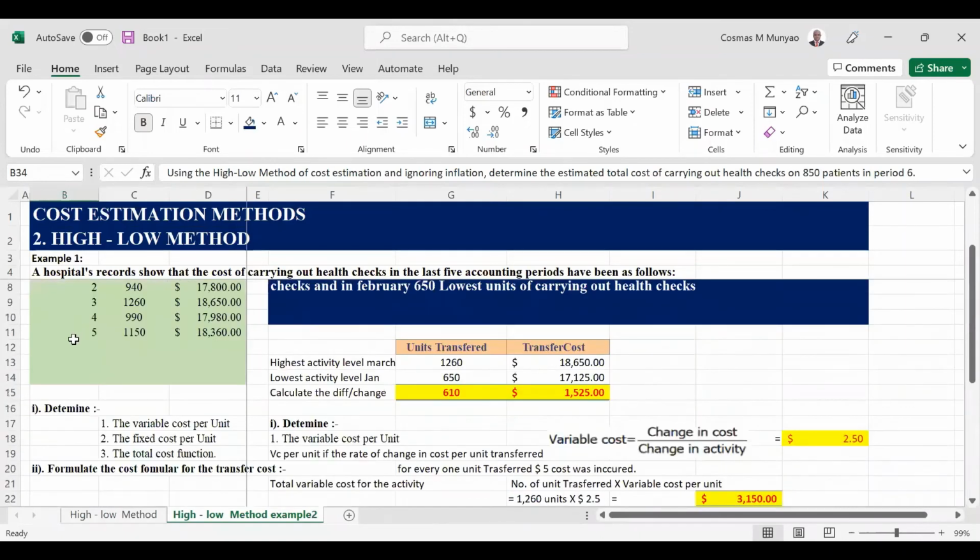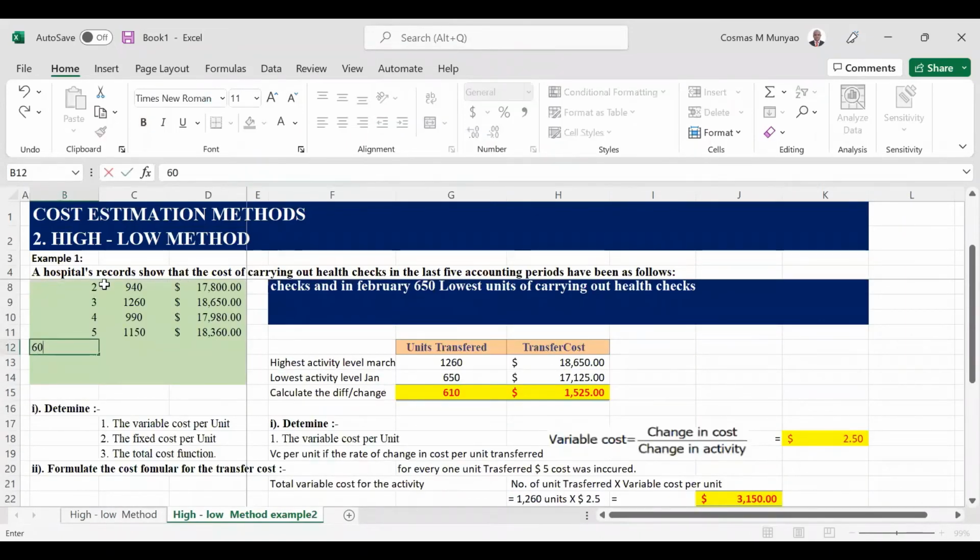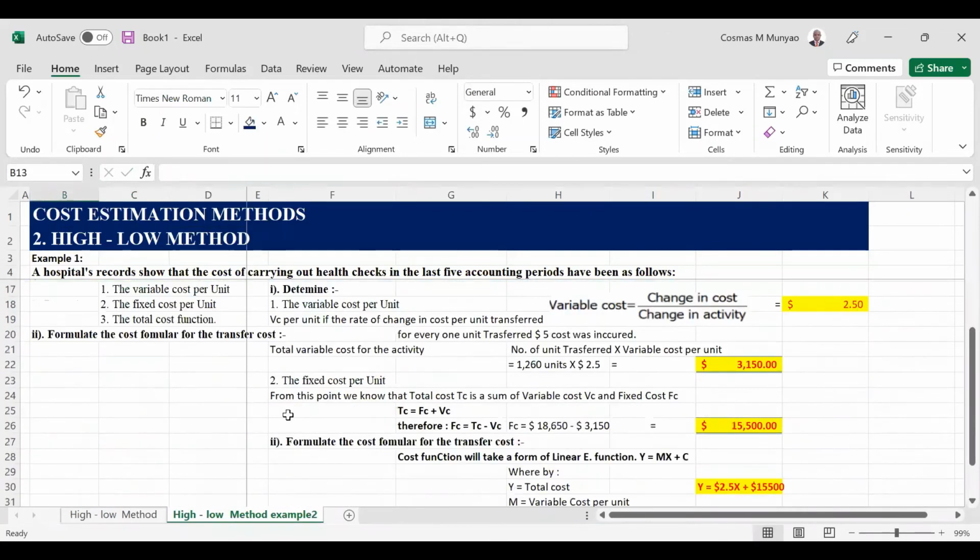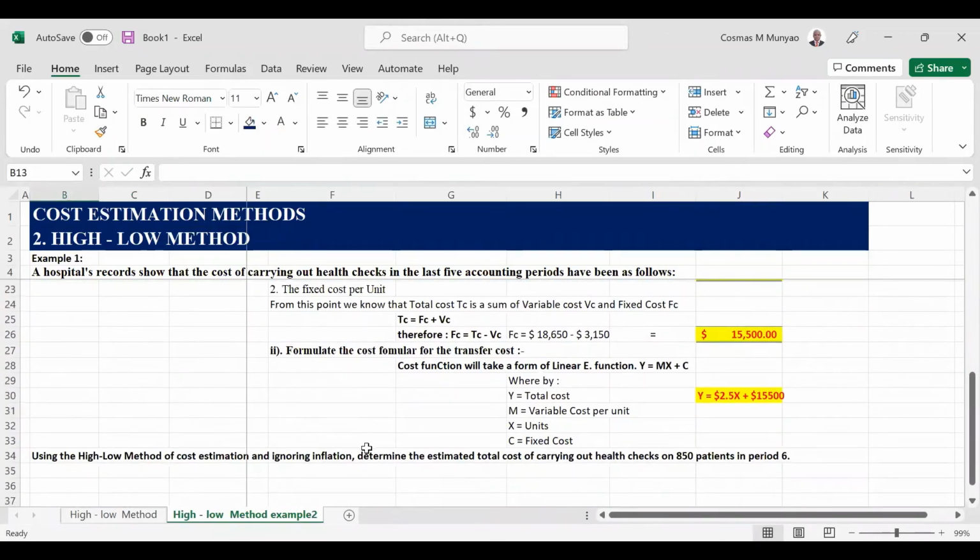So let's say now we have period 6, and we are told that the number of patients is 850. Patients were to be checked. All right, so we already have the cost function. It's very simple.